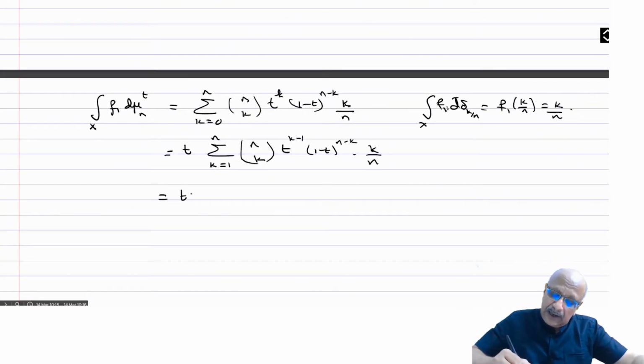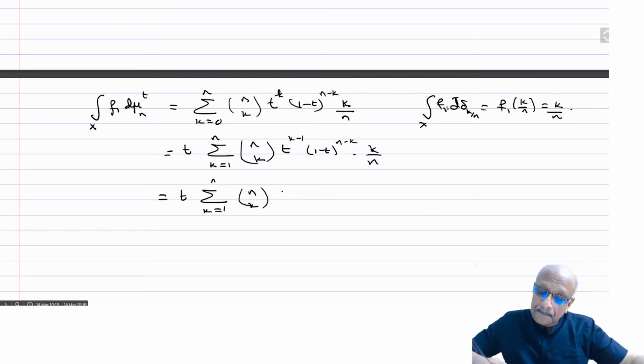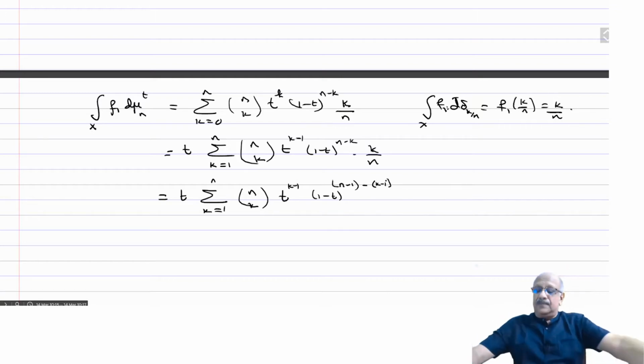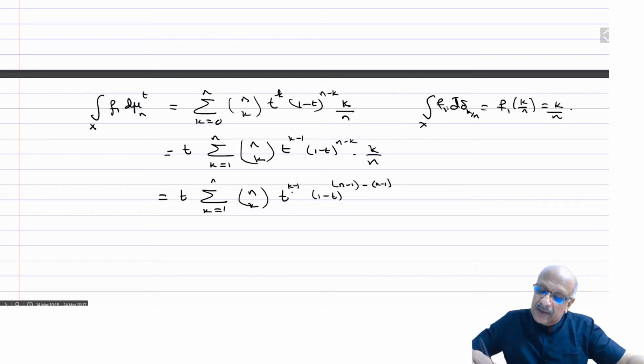This is equal to t times the sum from k equals 1 to n of nCk t power k minus 1, (1 minus t) to the n minus k, which I write as n minus 1 minus (k minus 1) because I want the same exponent in both these things here, and k by n.